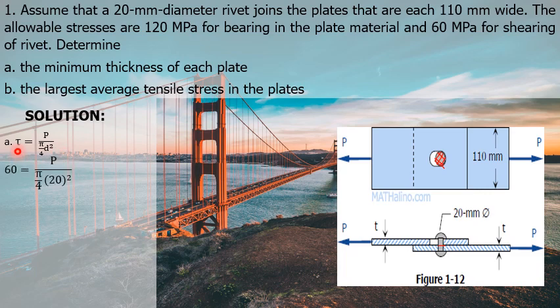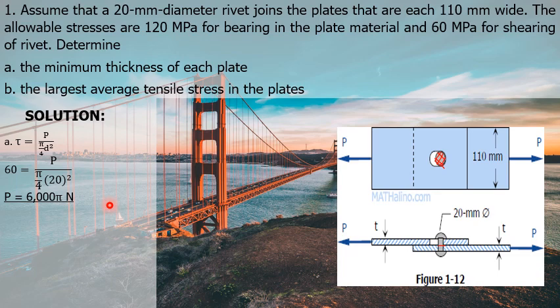Tau is 60 megapascals, and it is equal to P all over pi fourths 20 squared. 20 is the diameter of the rivet. Cross multiplying, we should get the value of P equal to 6,000 pi newtons.